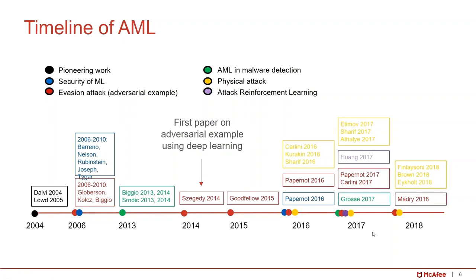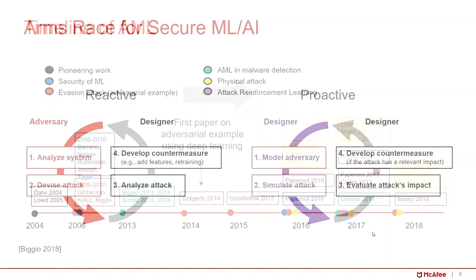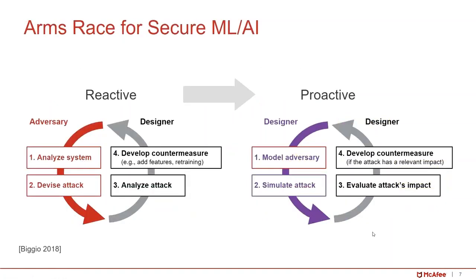As you know, security is always an arms race between attacker and defender. It's the same for how we can work towards secure machine learning and artificial intelligence. We need to change from reactive defense to proactive defense. In reactive defense, we basically analyze the system, the adversary devises the attack, and then we design the countermeasure and do the defense.